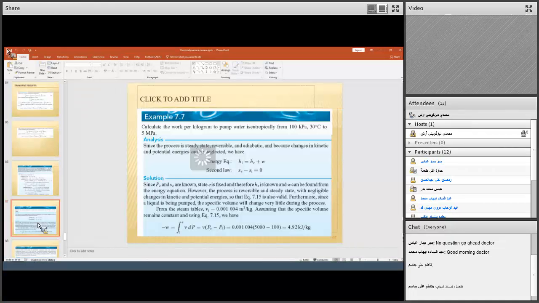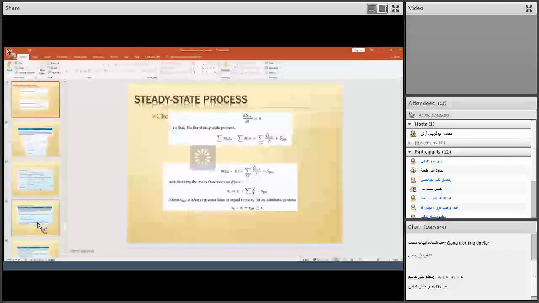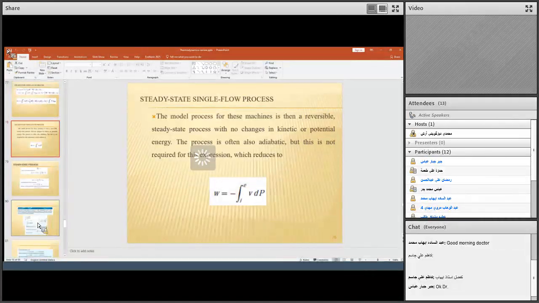So mass flow rate m dot 1 equals m dot 2. The energy equation, the first law, means enthalpy at inlet equals enthalpy at outlet plus the specific work. The second law, according to the isentropic process, means Se minus Si equals 0. If we want to use this, we can go back to this equation.